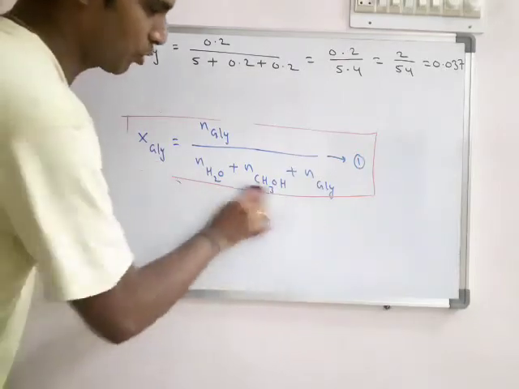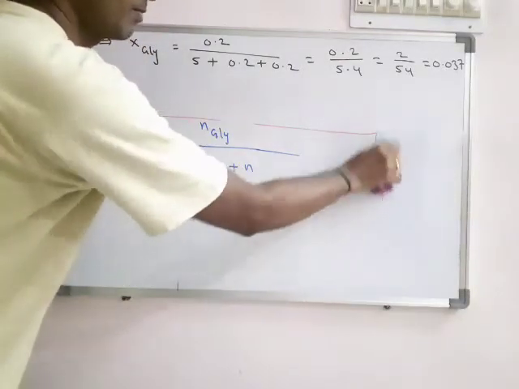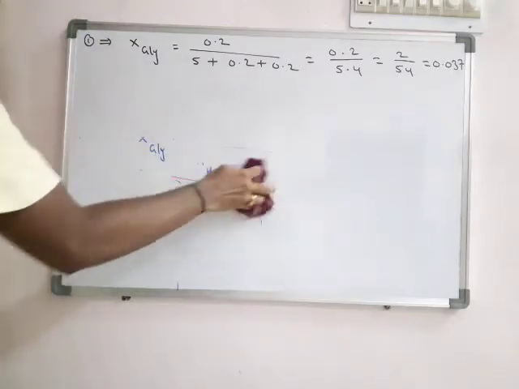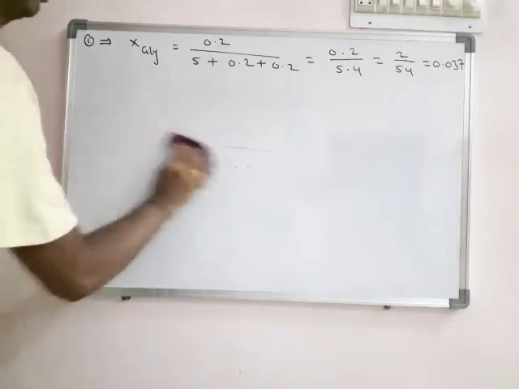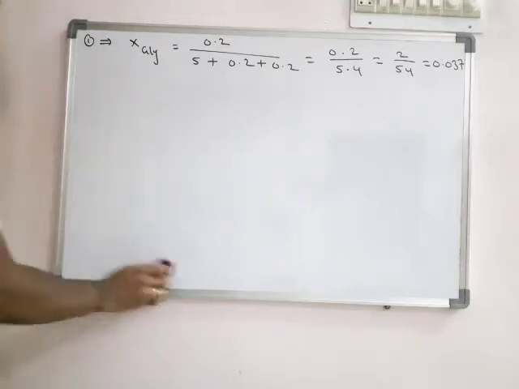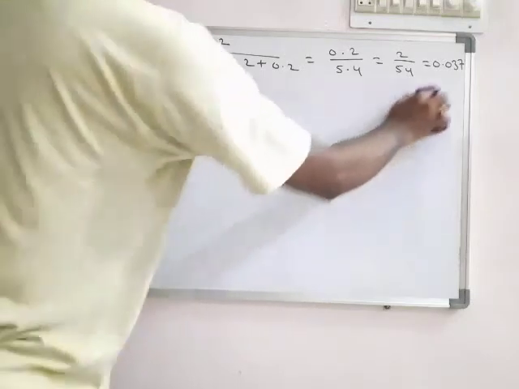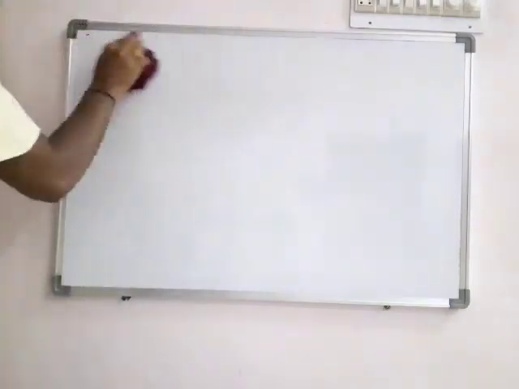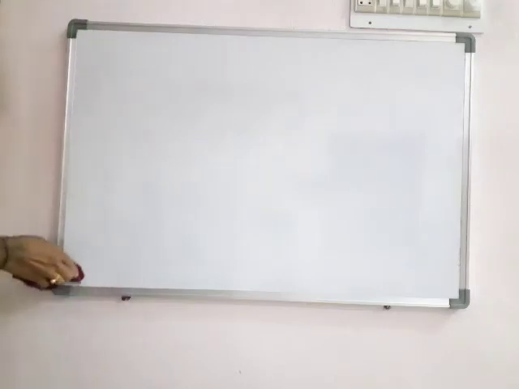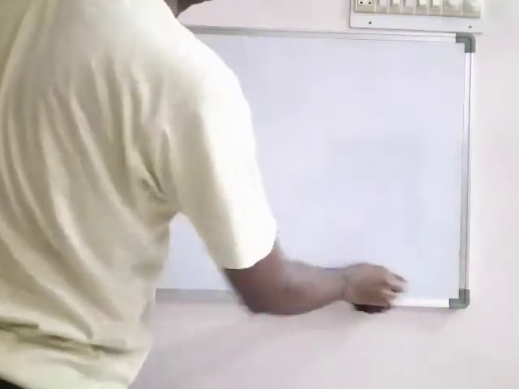Next we see one more problem. So see the next problem. 12% weight by volume aqueous solution has a density.